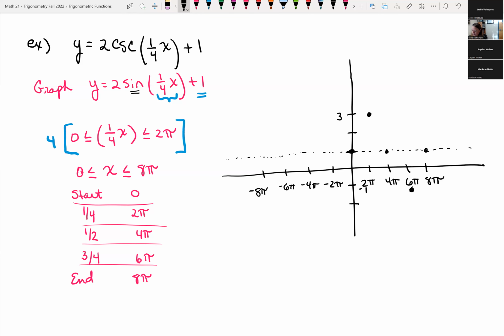At 8 pi, I hit the midway line. At -2 pi, I'm going to hit -1. At -4 pi, the midway line. At -6 pi, 3. At -8 pi, the midway line. So from there, I have my sine graph, the reciprocal of what we were trying to graph.